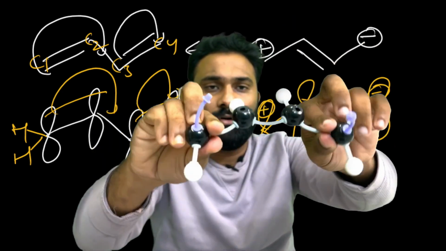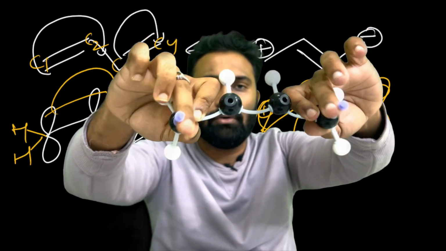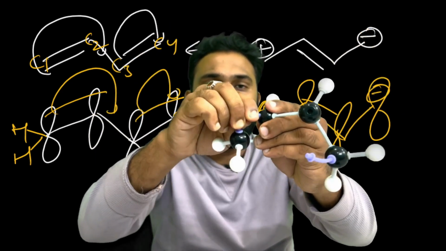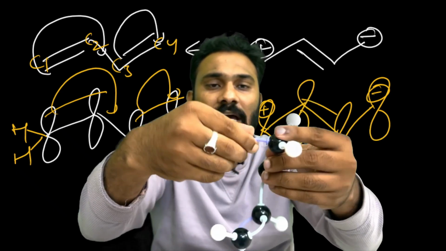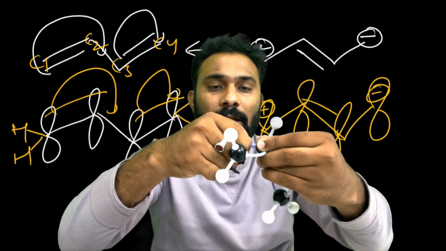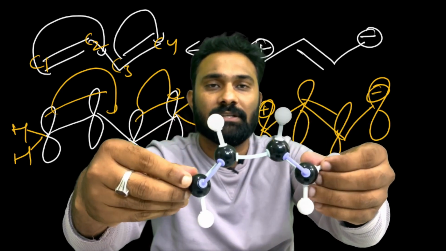Now you can see both are parallel to each other or perpendicular to each other? Both these pi bonds are parallel to each other, meaning when these 2p orbitals overlapped, they will be parallel to each other. In this manner they are parallel to each other, clear.